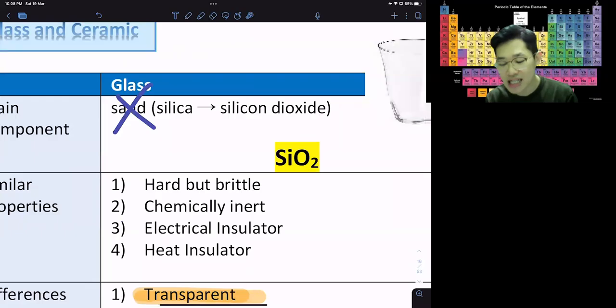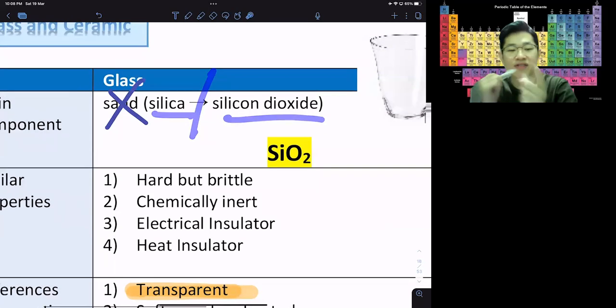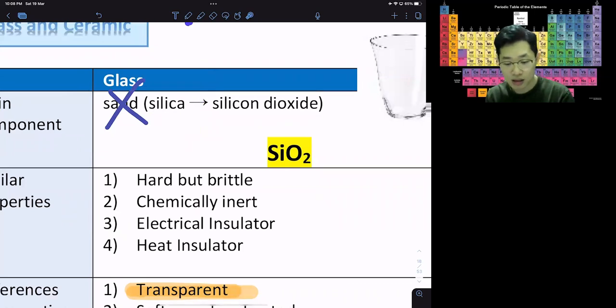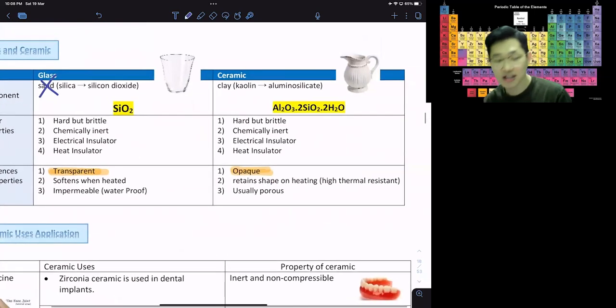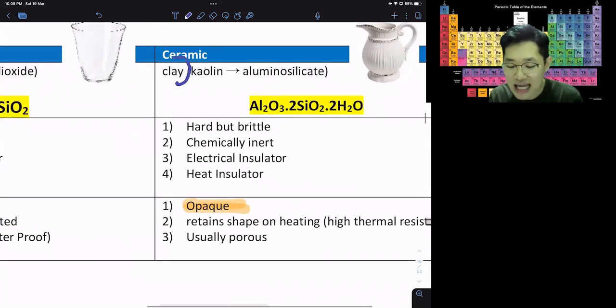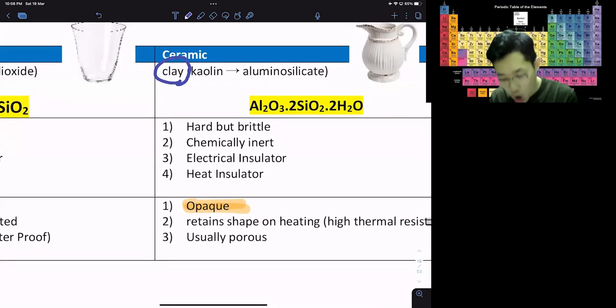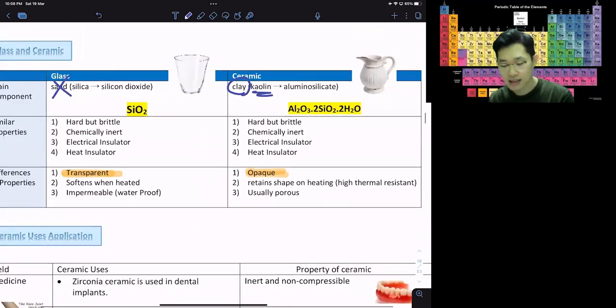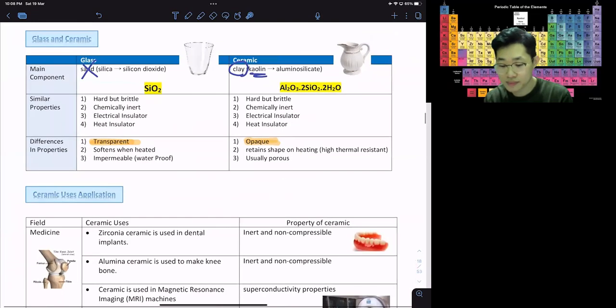You have to write silica or silicon dioxide, whichever one also can. Glass, silicon dioxide. Ceramic is made of clay or kaolin. For ceramic, can write clay, but for glass, cannot write sand.